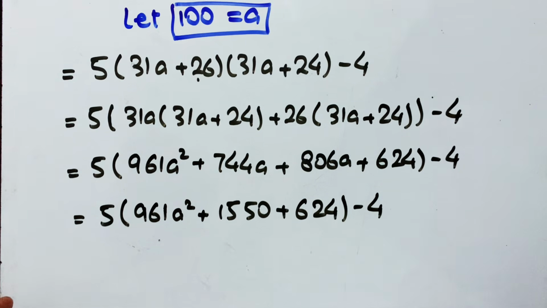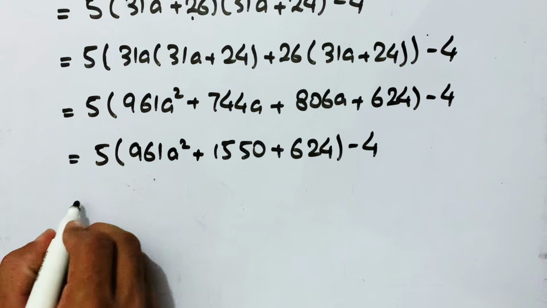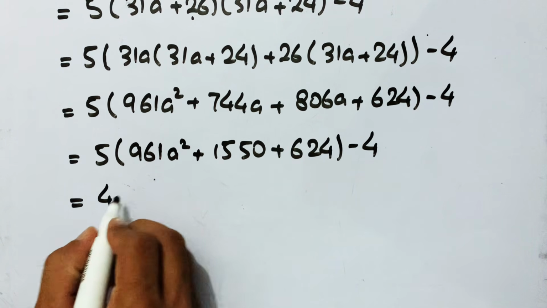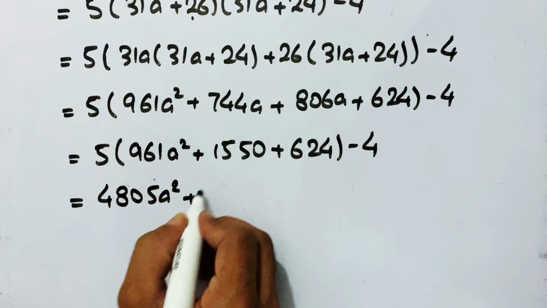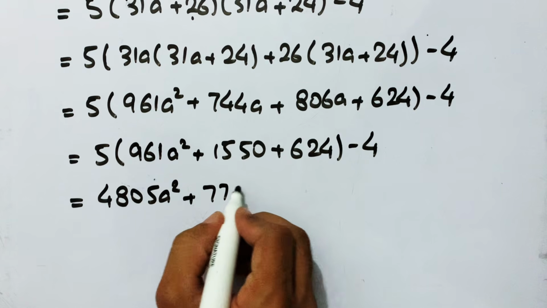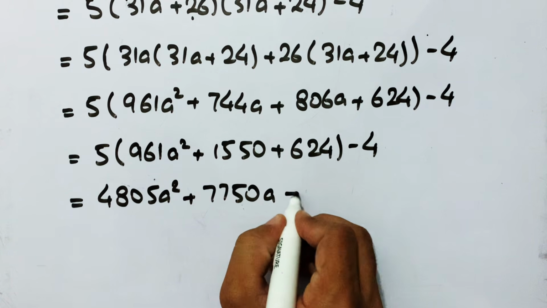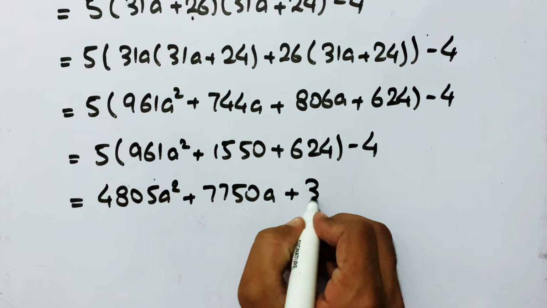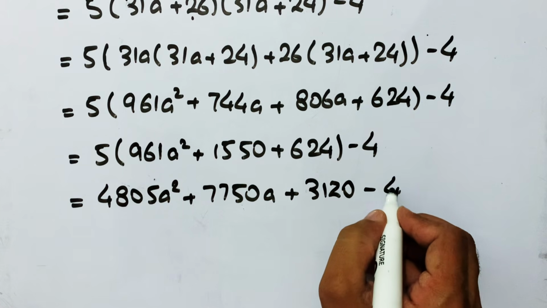Multiplying by 5, the equation is 4805a squared plus 7750a plus 3120, and this term is minus 4.